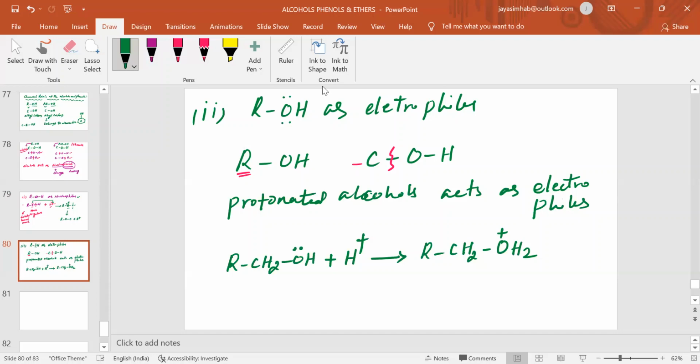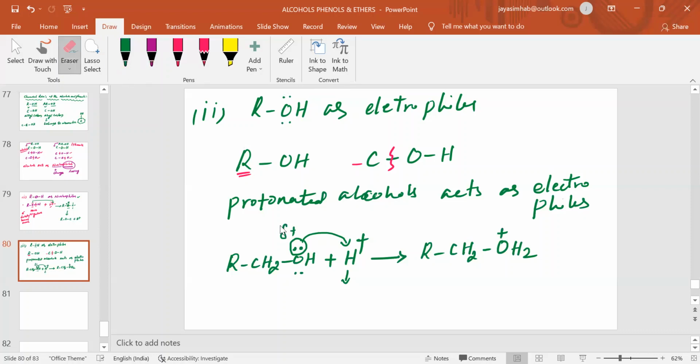The single electron present in the hydrogen atom is also not there. So among the two lone pairs of electrons on the surface of the oxygen atom, one will be completely donated to the H⁺ ion, the proton. Since it is completely donating, it will get a positive charge. That's why we say protonation.